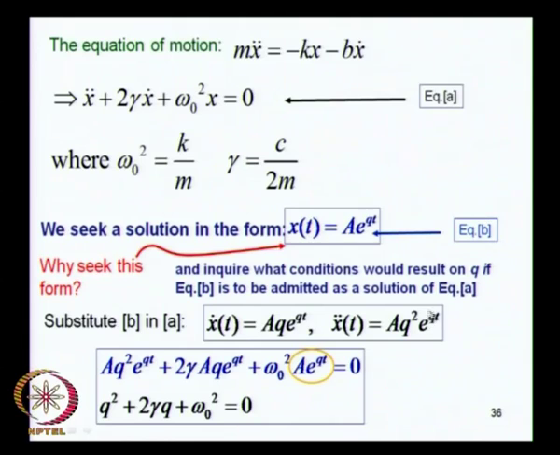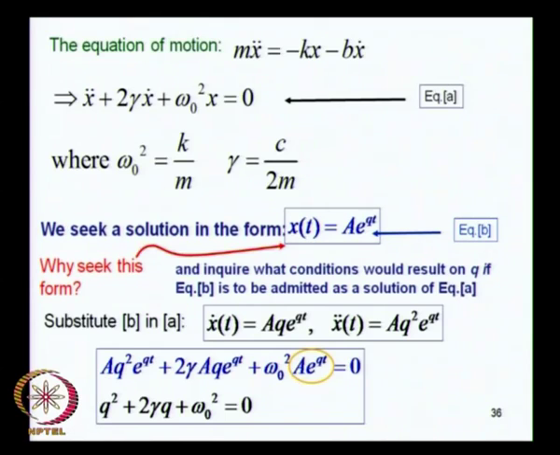These exponential functions are so easy to take derivatives of, and then you get this a q square e to the q t from this term, and then you get twice gamma a q e to the power q t from this term, and omega 0 square x, which is a e to the q t, and then a e to the q t is common to all the three terms.